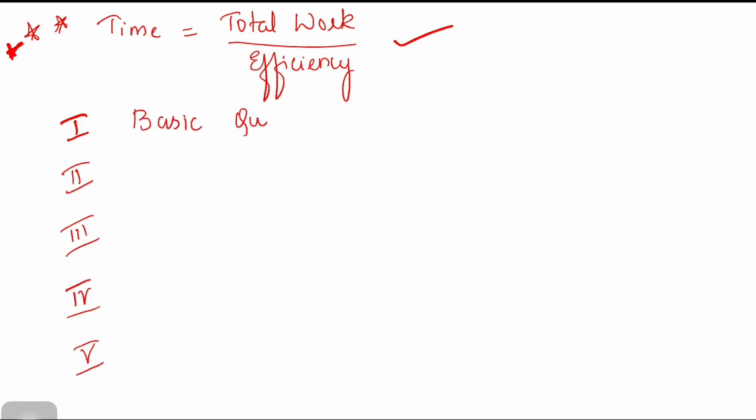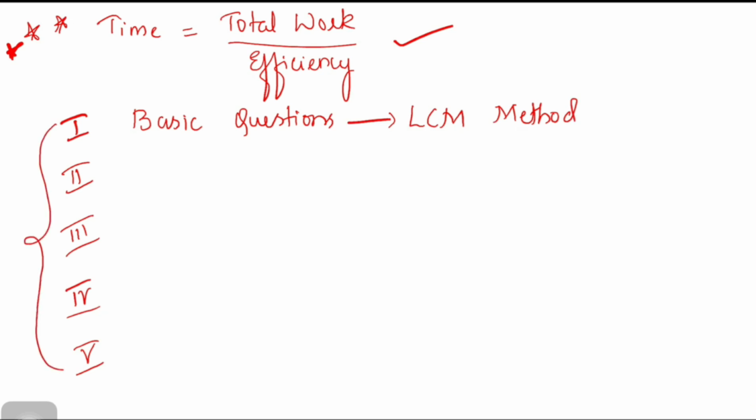In these basic questions I will discuss the LCM method, and this LCM method itself we will be using throughout all the parts, all the topics. The same LCM method is used in all the topics to solve all kinds of problems.